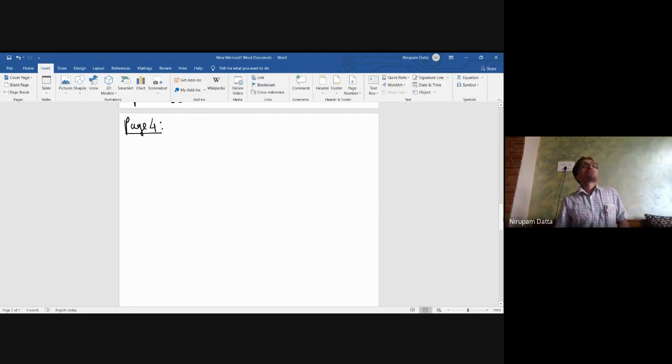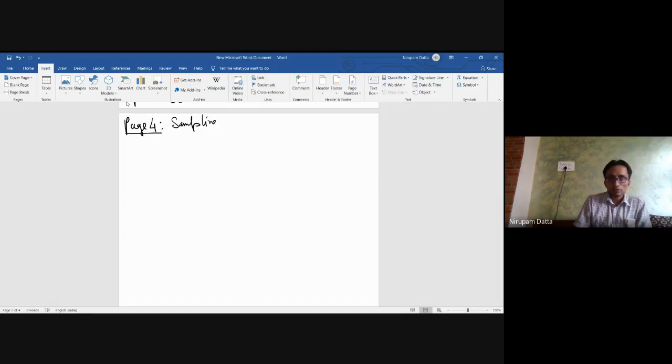Okay, so to obtain the interval estimates of the population parameters, now we would like to find the sampling distribution of the mean. So we have already discussed sampling distribution of the mean.